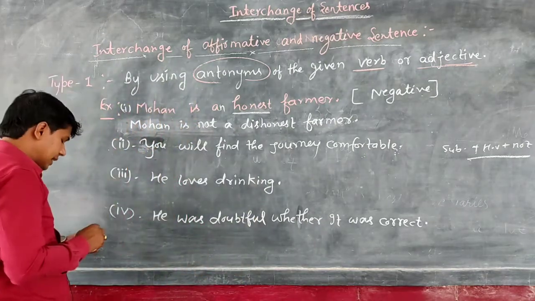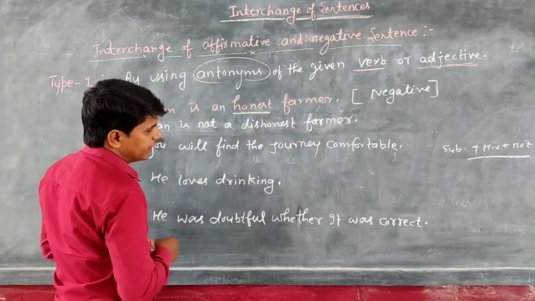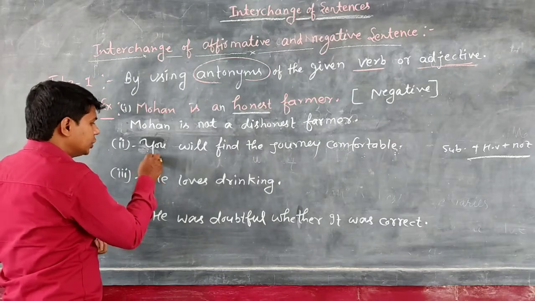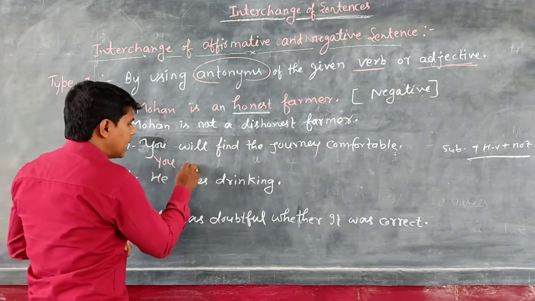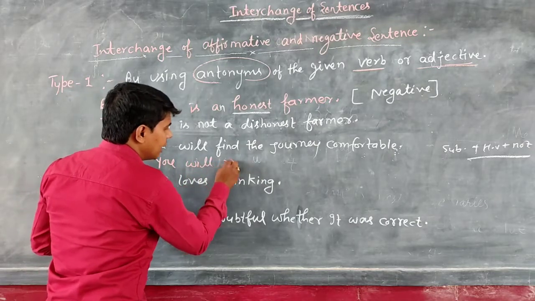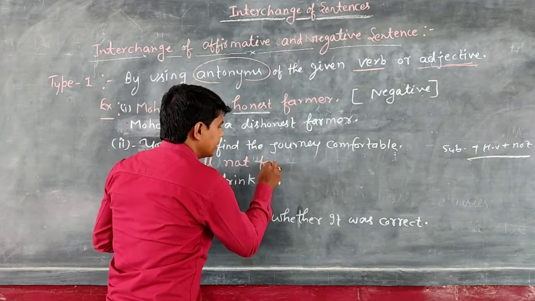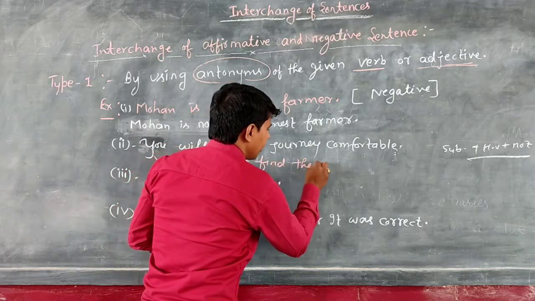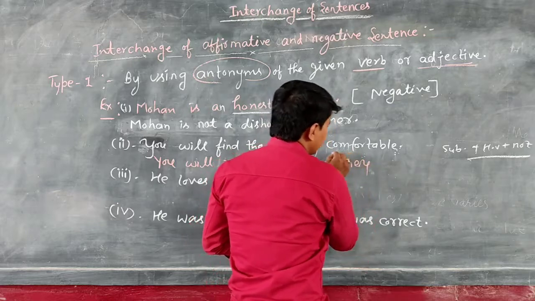Now see example second: You will find the journey comfortable. You are asked to change it into negative. First you will mention the subject you, then the helping verb will, then not, find the journey comfortable.